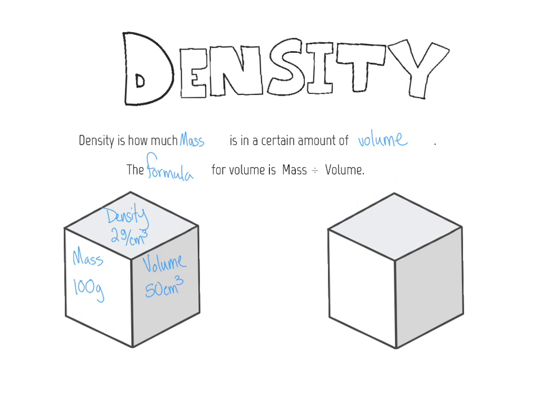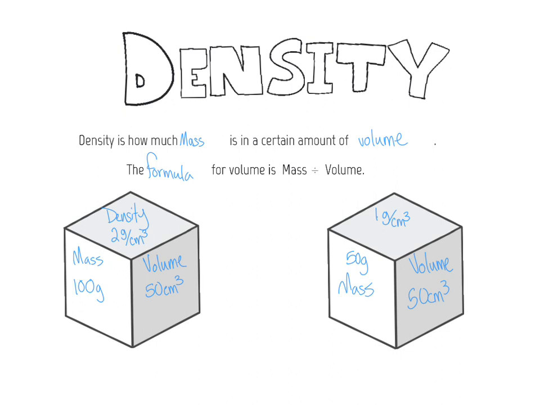If the cube on the right had a mass of 50 grams, and a volume of 50 centimeters cubed, we'll say they're the exact same size, well, we would again have mass, 50 grams, divided by volume, which is going to be 50 divided by 50, or 1 gram per centimeter cubed.